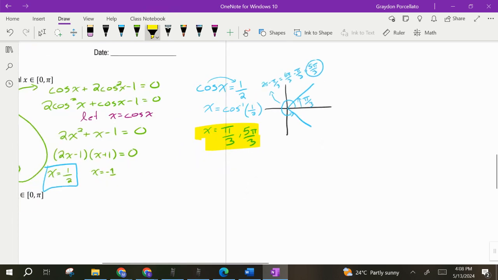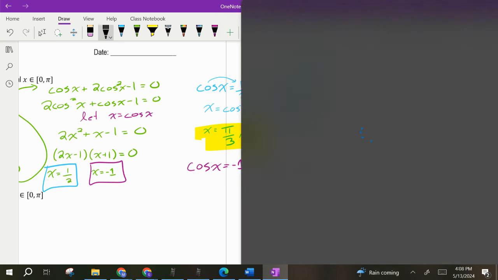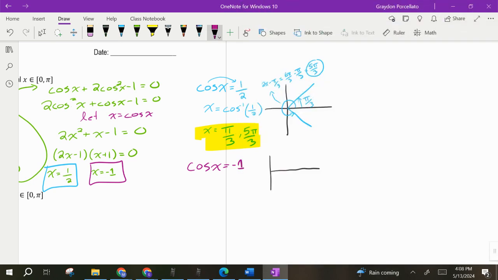Now I have to solve my other one. So I'll do that below. Or x equals negative 1. So we say cos x equals negative 1. Well, I always like to do these ones if it's 1 or negative 1. I always like to just think of what my graph looks like. My graph of cos looks like this, where this is 2 pi. This is pi. So when is the cos graph negative 1?